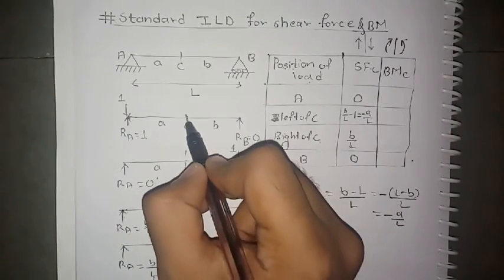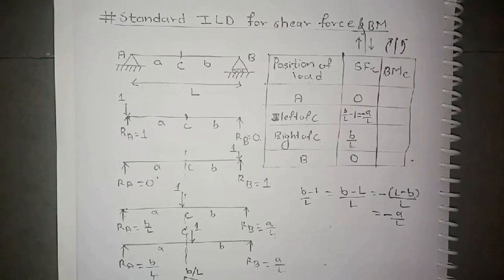Now we get the bending moment at C. What is bending moment? It is the algebraic summation of moments to the left or right of the section.